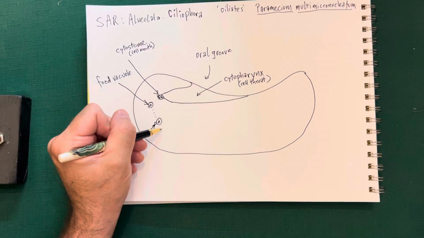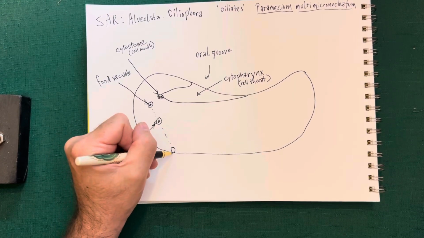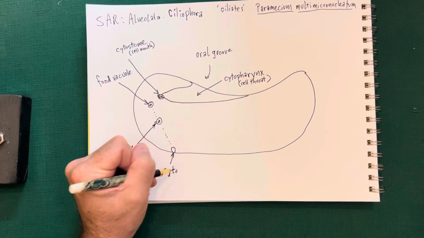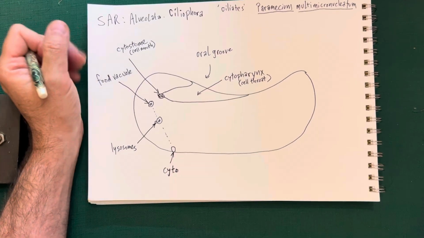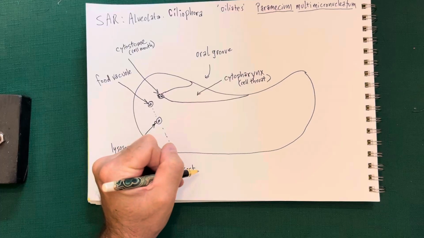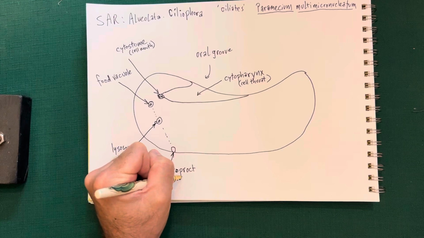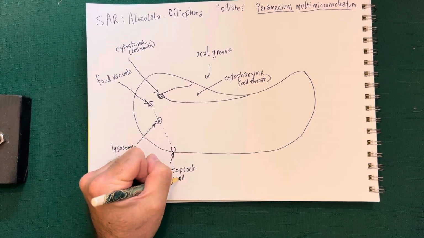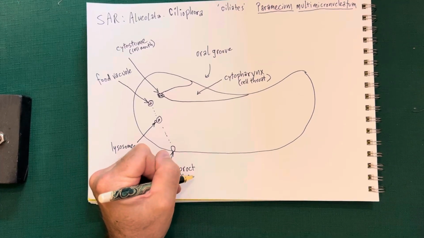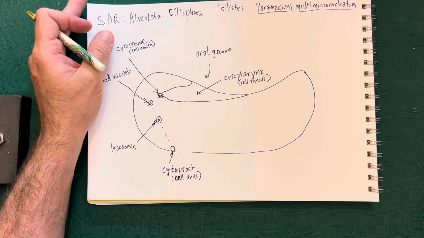So we can just draw this food vacuole. And then once the good stuff has been digested, there's going to be some metabolic waste, and that's going to leave our ciliate through the cytoproct. And maybe you're thinking cytoproct, like the proctologist, the butt doctor, would be correct, would be accurate. Cytoproct is like the cell anus.